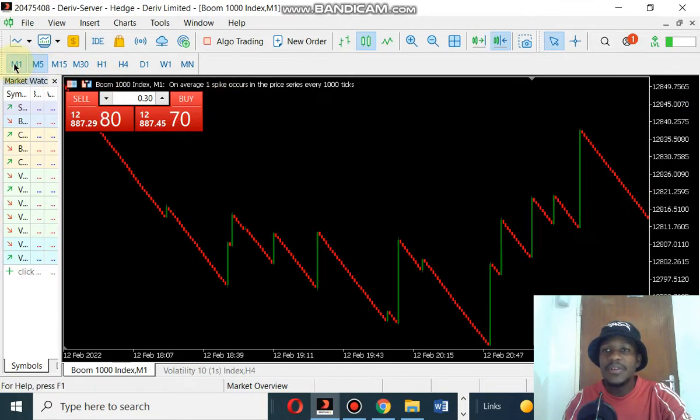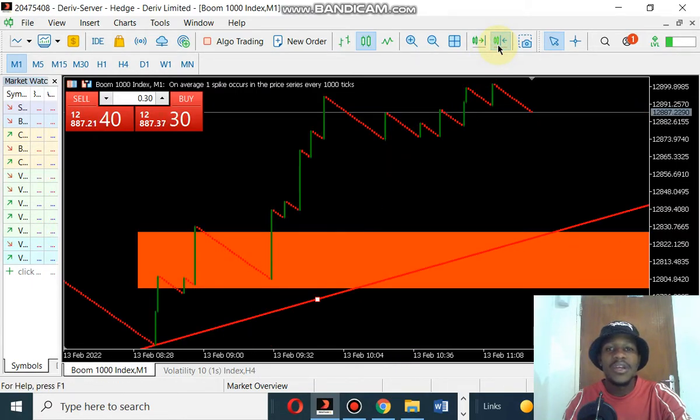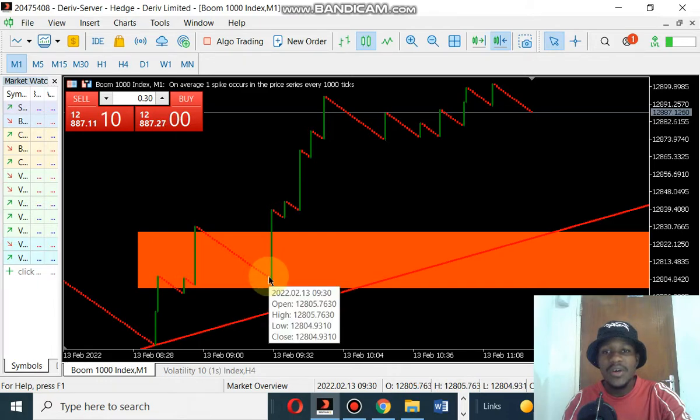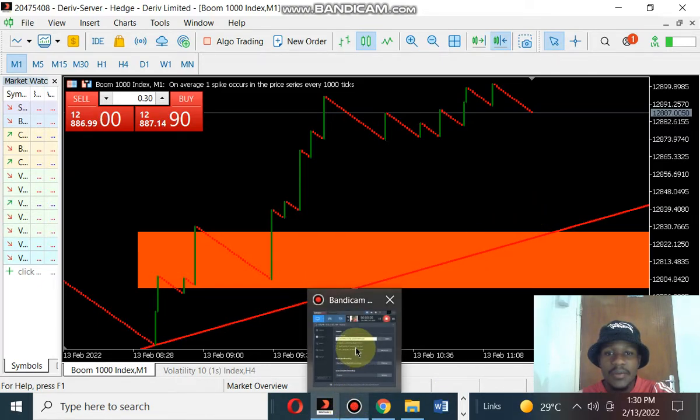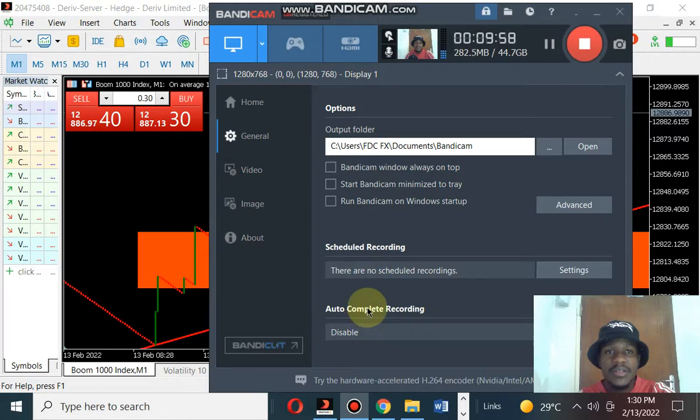On 1 minute, it is too much, but eventually look at where the price is now. It's easy for the price to get here. Remember it can go with just 1 candle like this. It can just accelerate down. Okay, let's check how many minutes are left. The part of making many minutes, I don't like it.